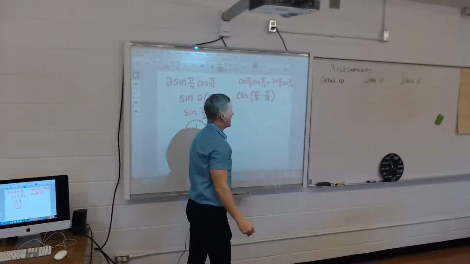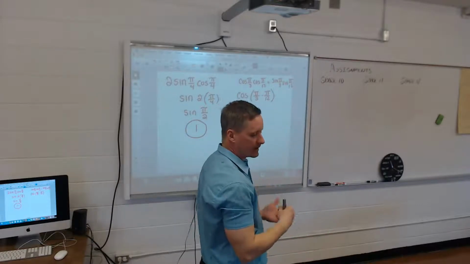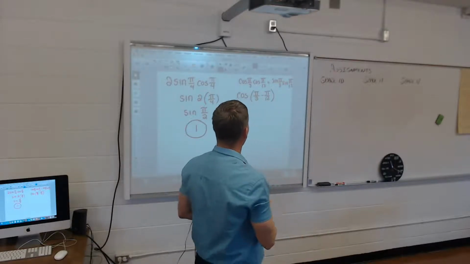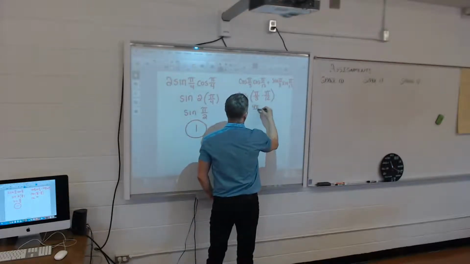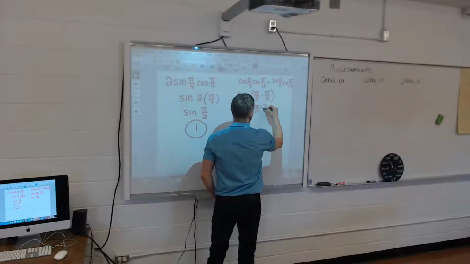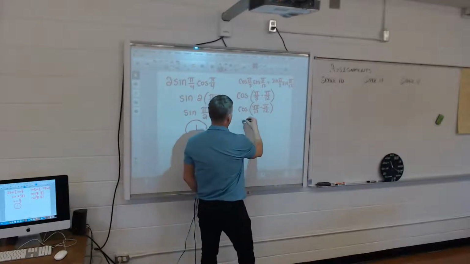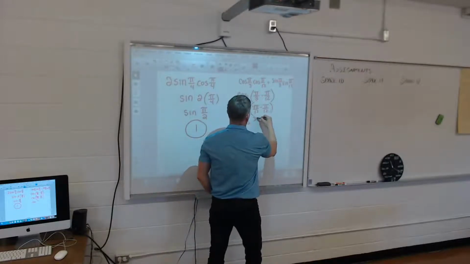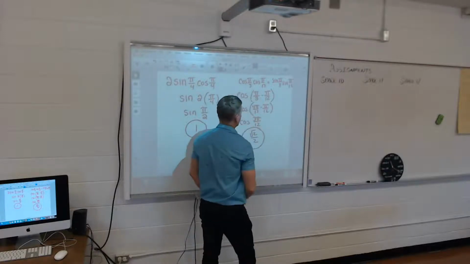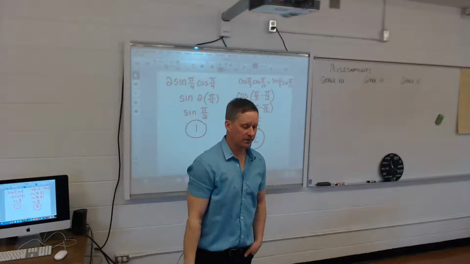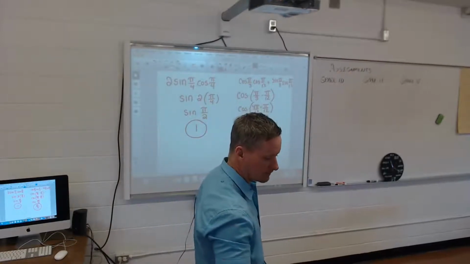And again, I can't substitute because I don't know what the value of pi over 12 is, so I'm going to make this into a form that will work. This is the same as cos of 4 pi over 12 subtract 1 pi over 12, if I get a common denominator. That's the cos of 3 pi over 12, which is pi over 4, and the cos of pi over 4 is root 2 over 2.